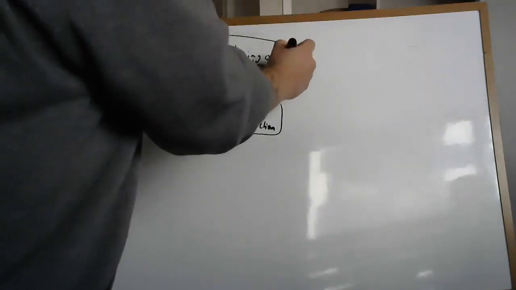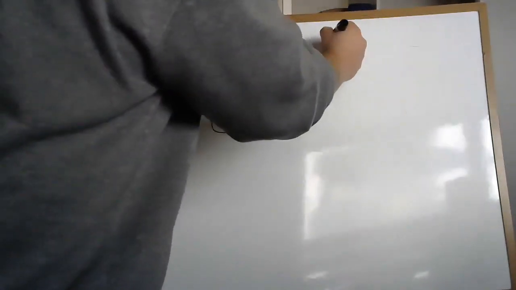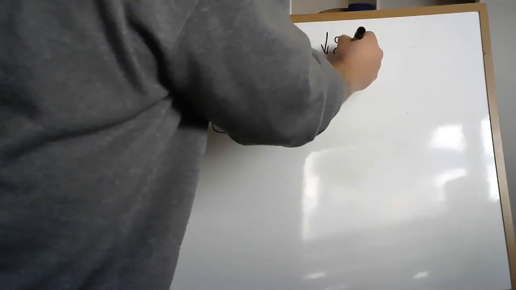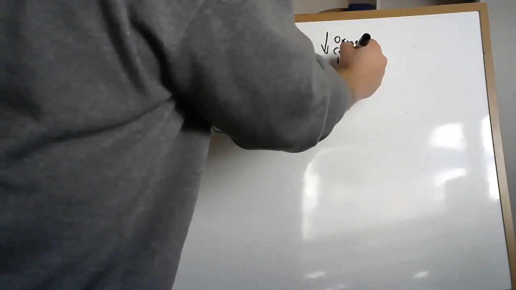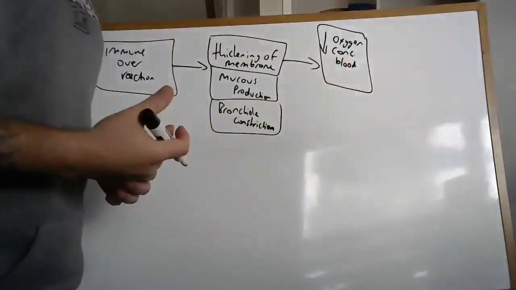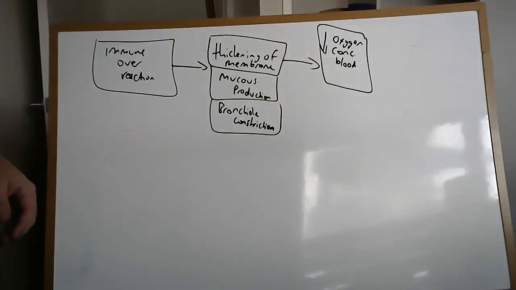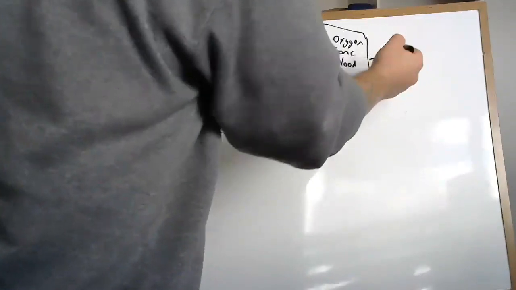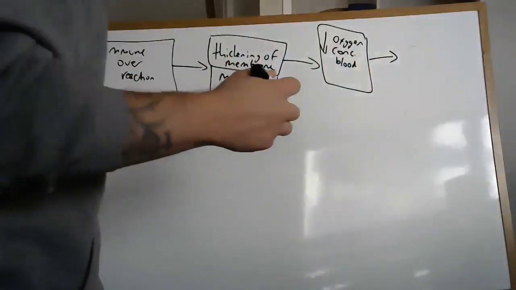So what happens is the body senses a drop in the oxygen concentration of the blood. The body, trying to get back to its balanced state, starts to freak out. So it goes, well, I've got no oxygen in the blood, so I'll just begin to breathe more.